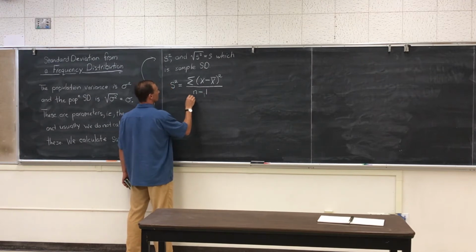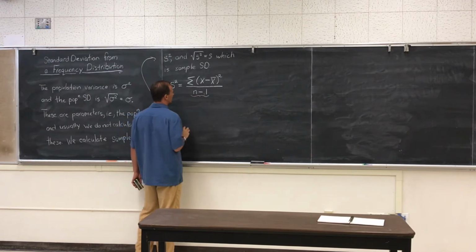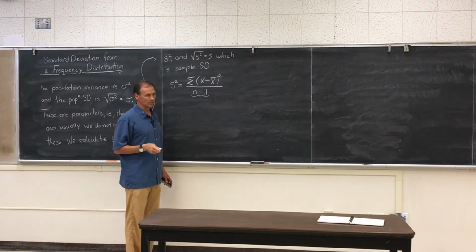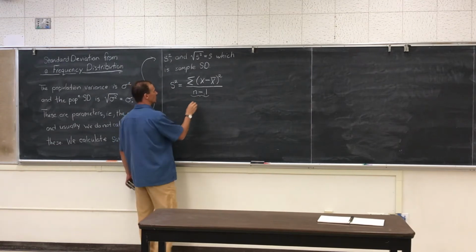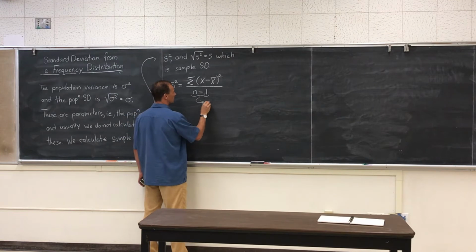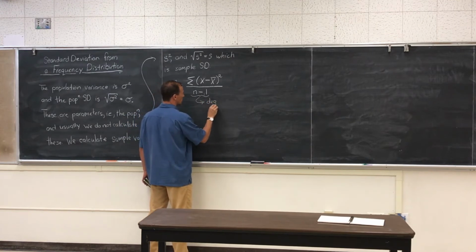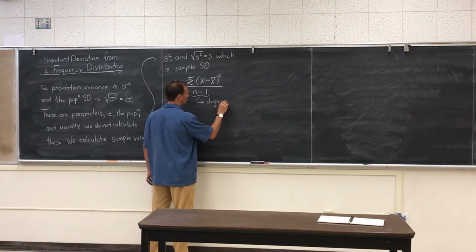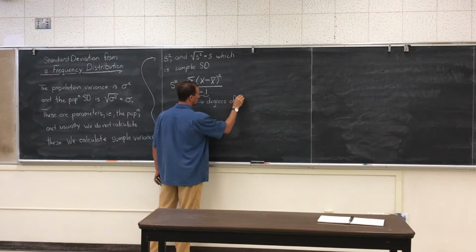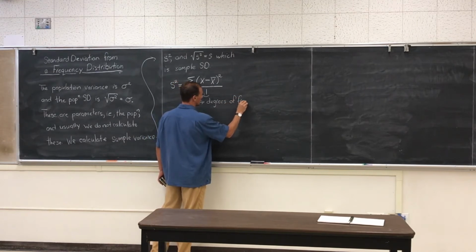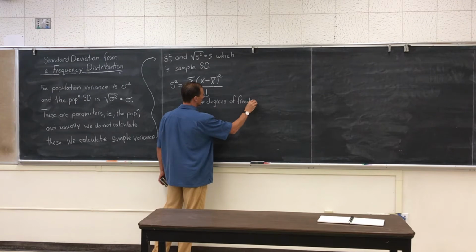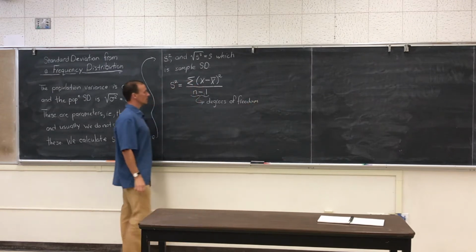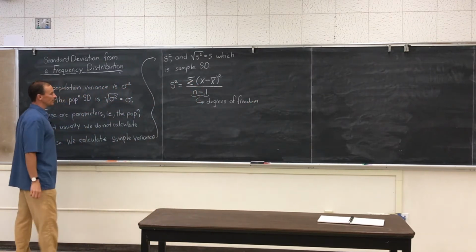And it's a result of what's called Bessel's correction, but we call it degrees of freedom.